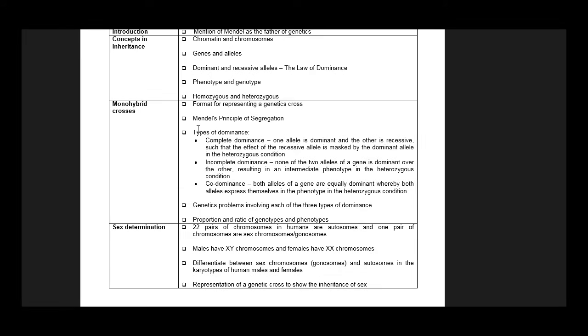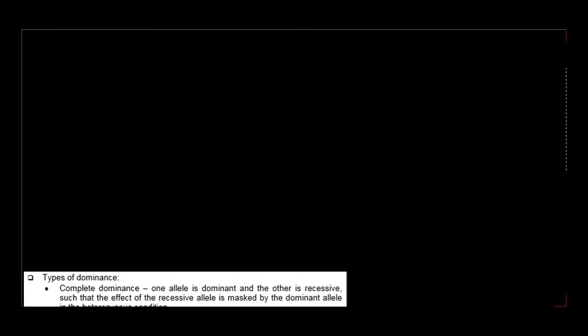We're going to look at the types of dominance that you get, and then we also are going to do genetics problems involving each of these three types of dominance, and then we're going to look at the proportion and ratio of genotypes and phenotypes. So I'm quickly going to do a recap of some of the work that we did yesterday, just before we go into these crosses.